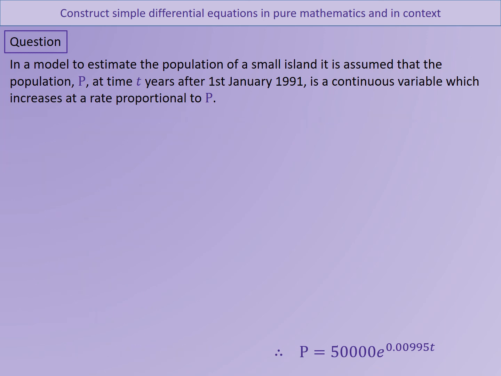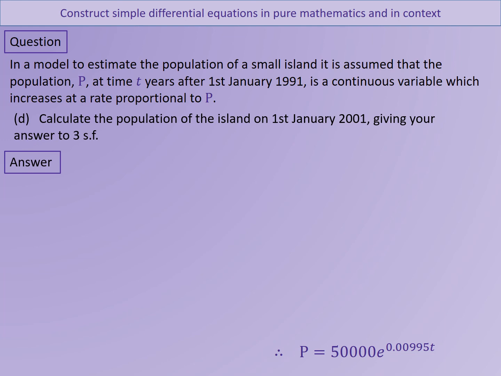And in fact, that's exactly what it asks you to do for part D. Calculate the population of the island on the 1st of January 2001. So that's 10 years afterwards, so I can use this as a prediction model, to 3 sig figs.